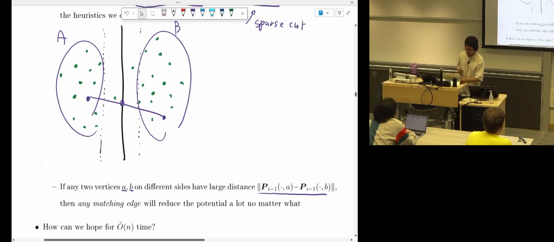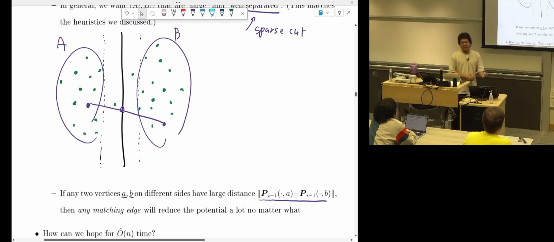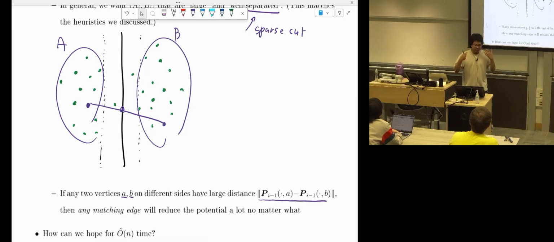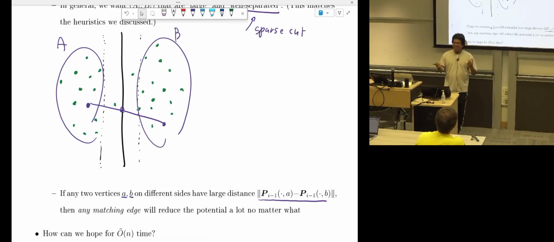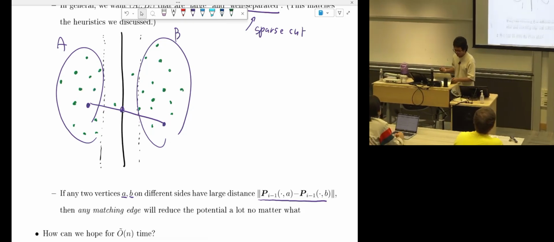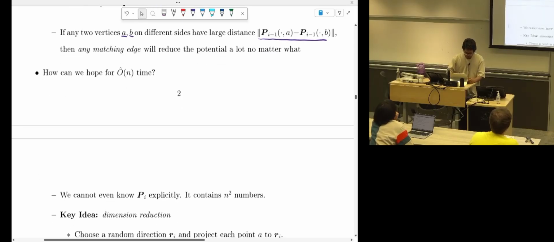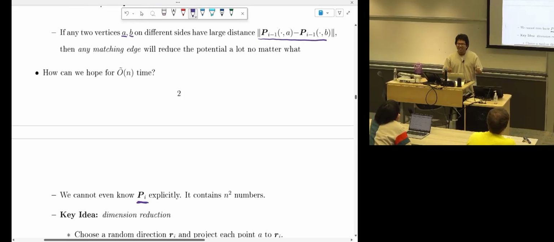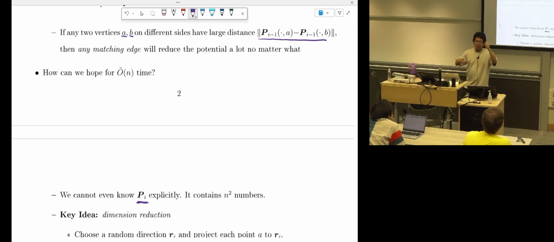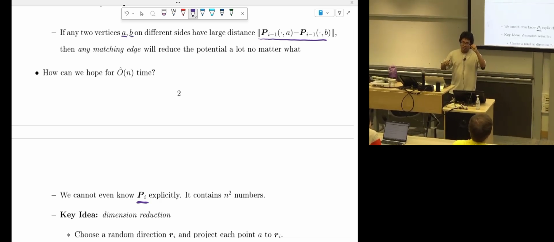But let me tell you, how can we hope to do this fast at all? Right now, we think geometrically, but this matrix Pi, every node is in n-dimensional space.